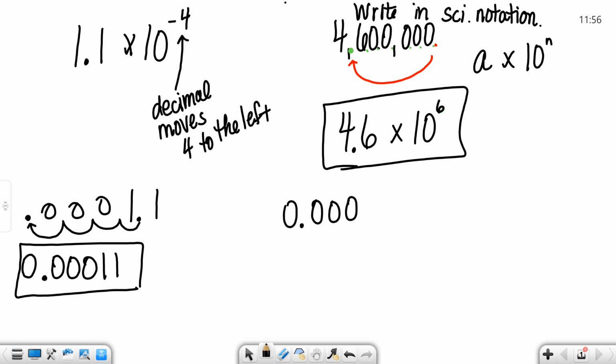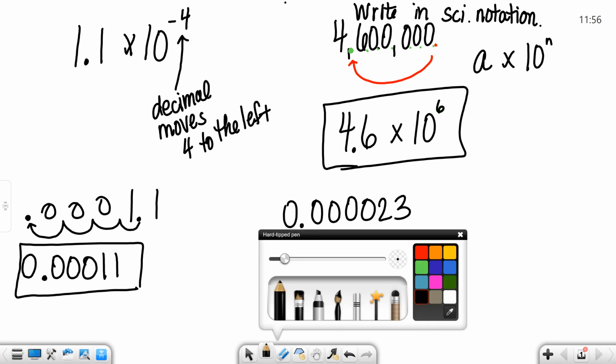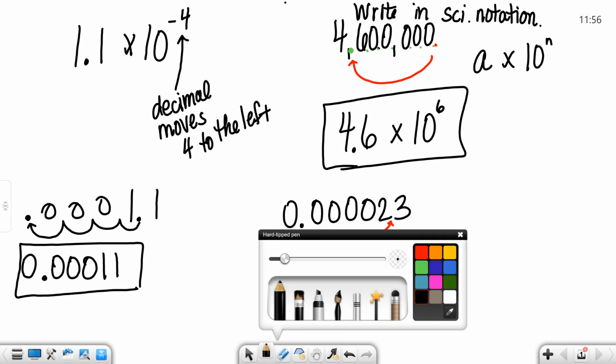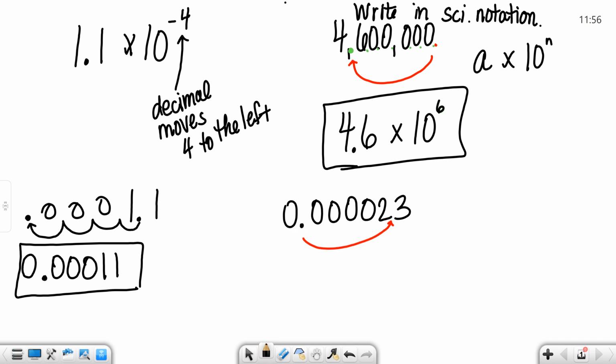All right, let's say I start with a really small number, and we're going to write that in scientific notation. Well, this time, I want that decimal, it's currently, you can see it, and I want to move it all the way to right there, between the 2 and the 3. That way it makes it bigger than 1, less than 10. So this would become 2.3 times 10.